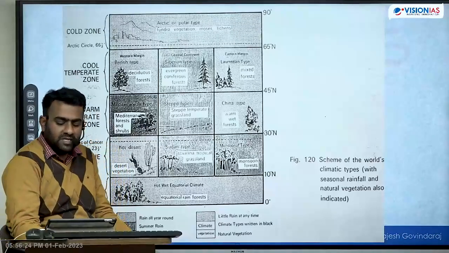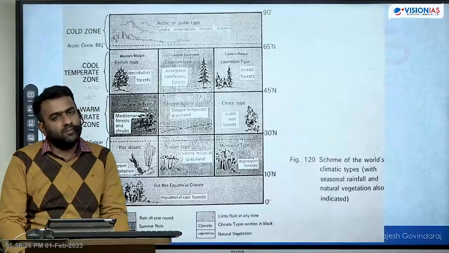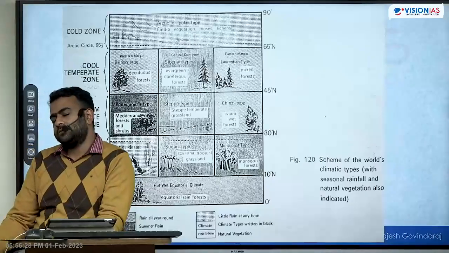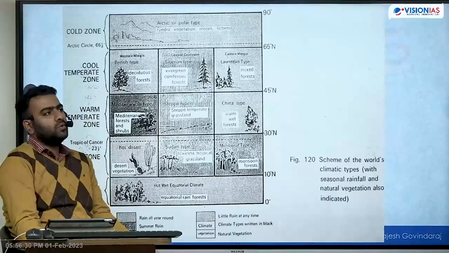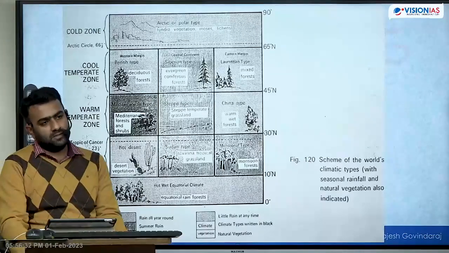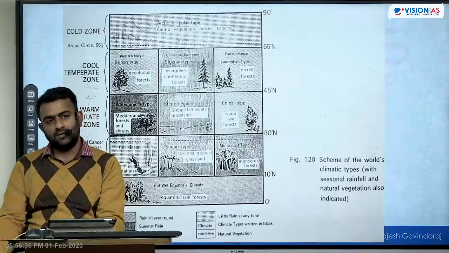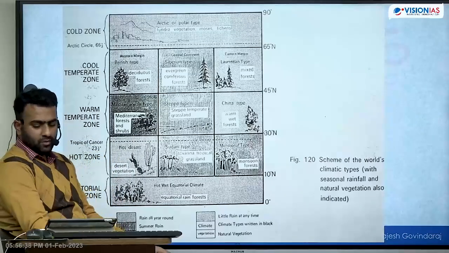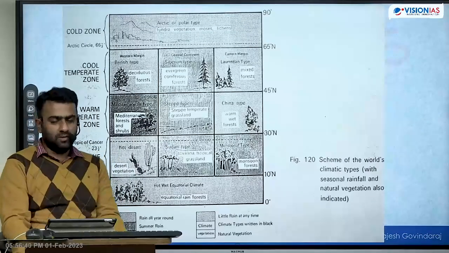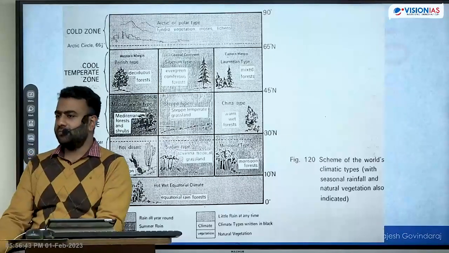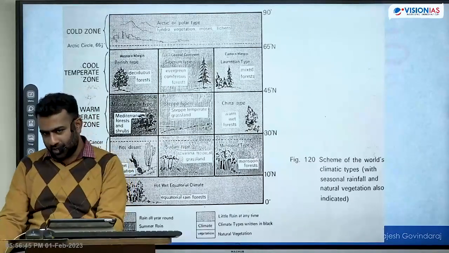Warm temperate western margin is Mediterranean. Cool temperate eastern margin is Laurentian type. Cool temperate continental is Siberian type. Cool temperate western margin is British type. And then Arctic type.